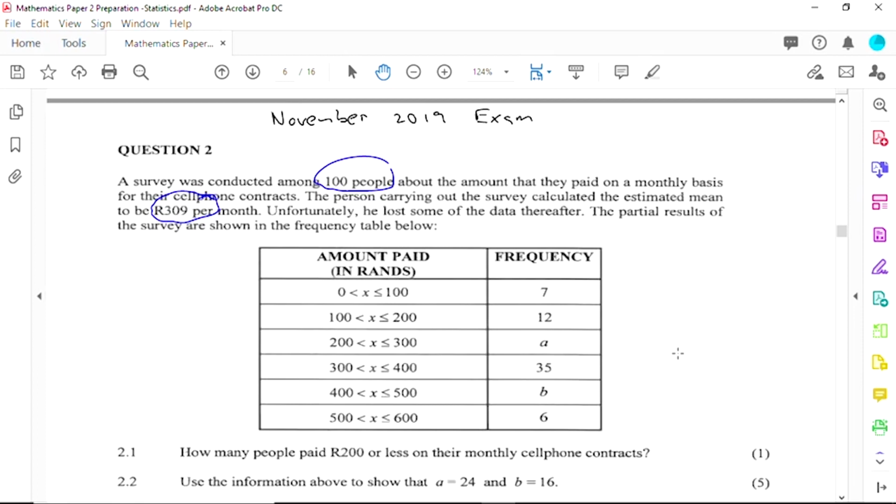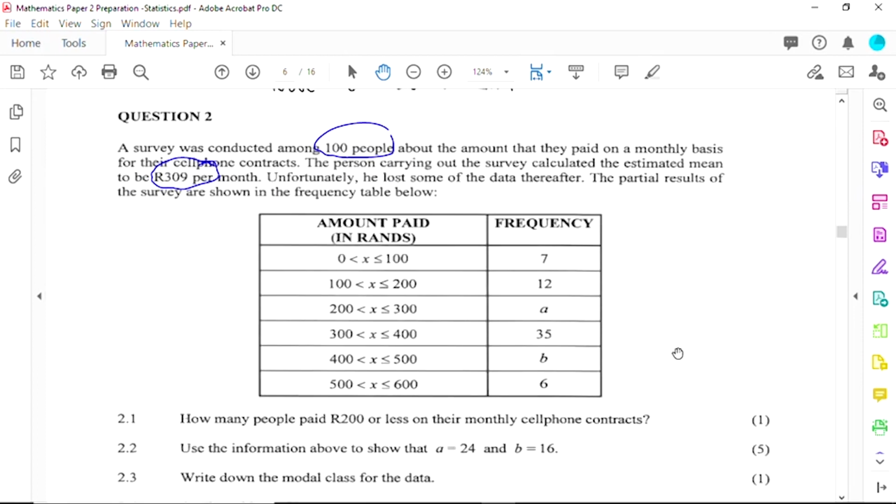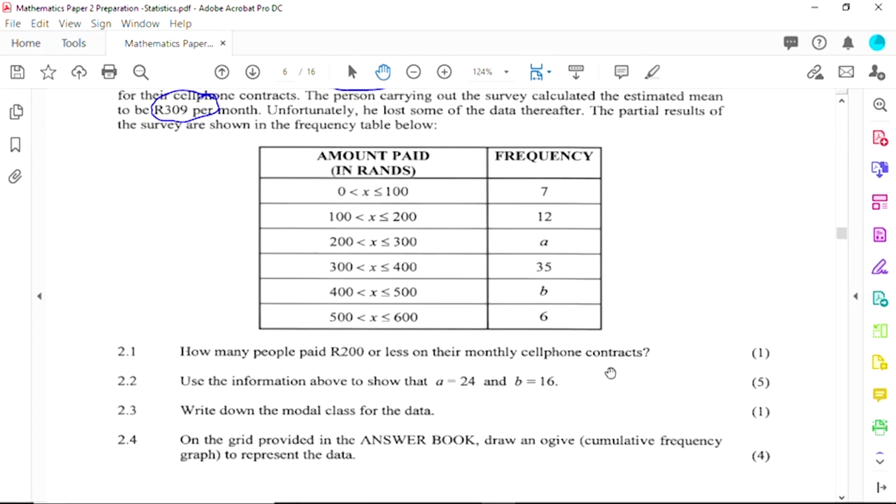And the first question is, how many people paid 200 or less on their monthly cell phone contracts? So we look for people who paid 200 and less. Between 0 and 100, people who paid are 7, and people who paid between 100 and 200 are 12.